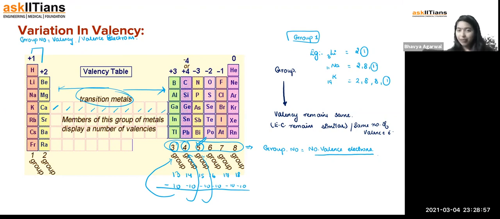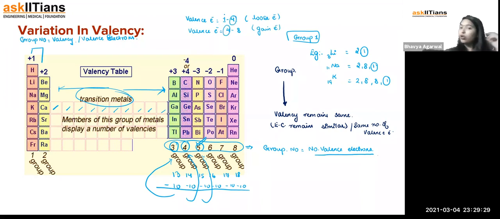So what happens is, when you have valence electrons which are 1, 2, 3, then the element has a tendency to lose electrons. When the valence electrons are 4 to 8, then the element has a tendency to gain electrons. Now 4 is a common number.